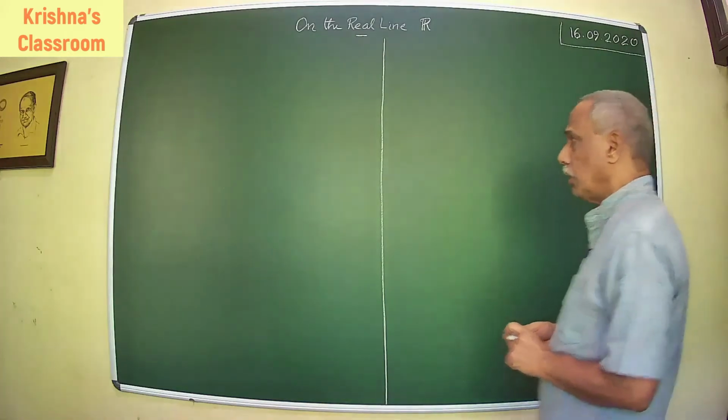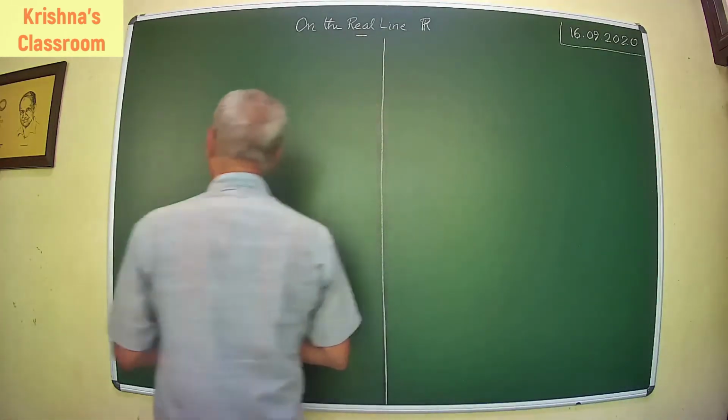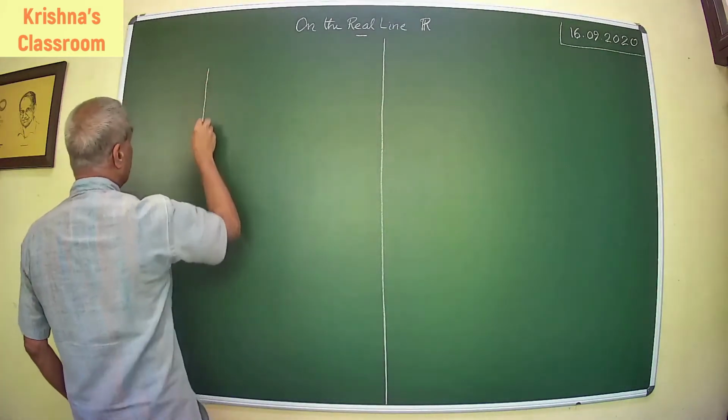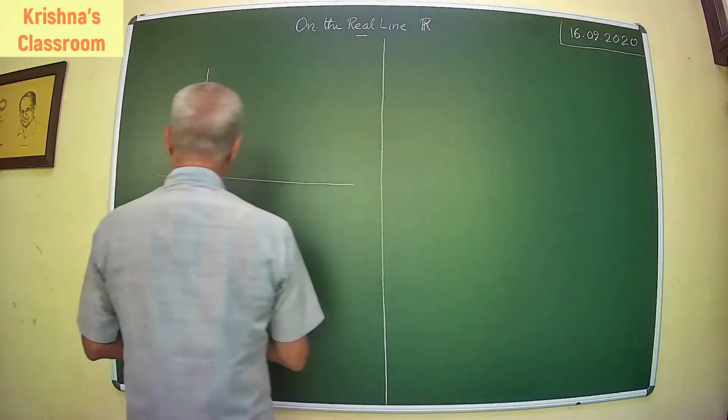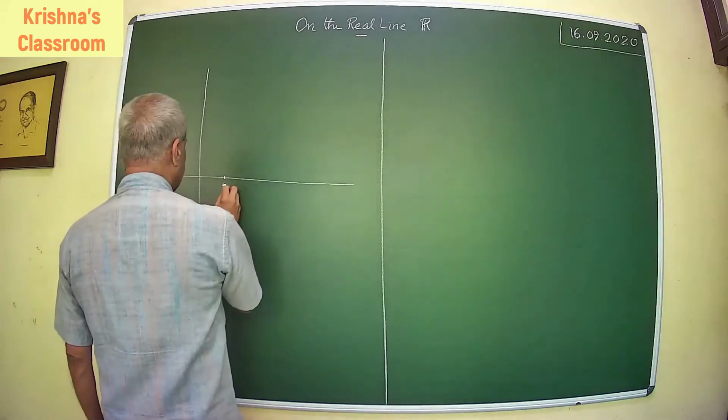Now you recall the particular identification of rationals.